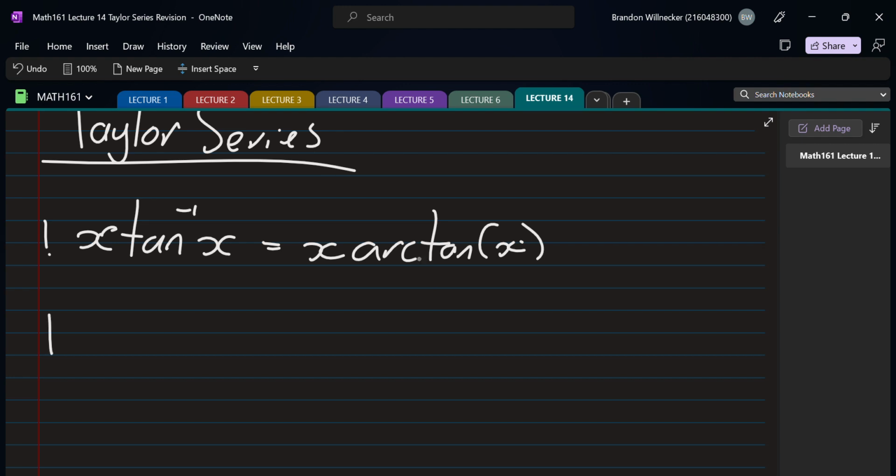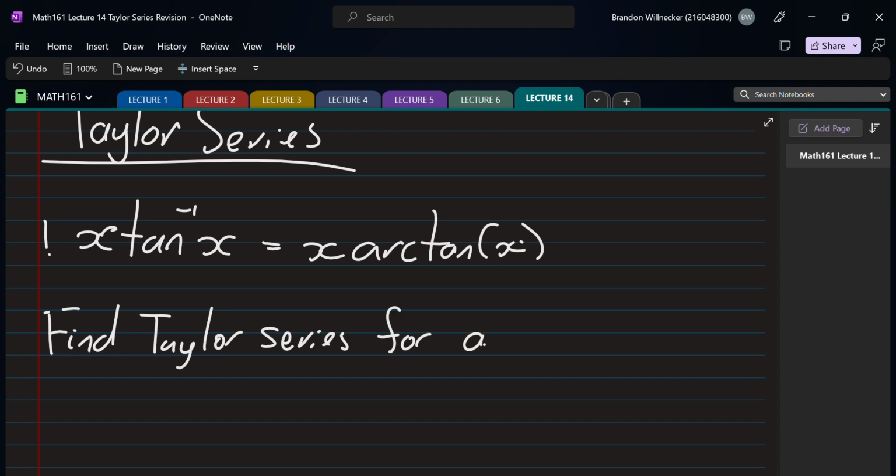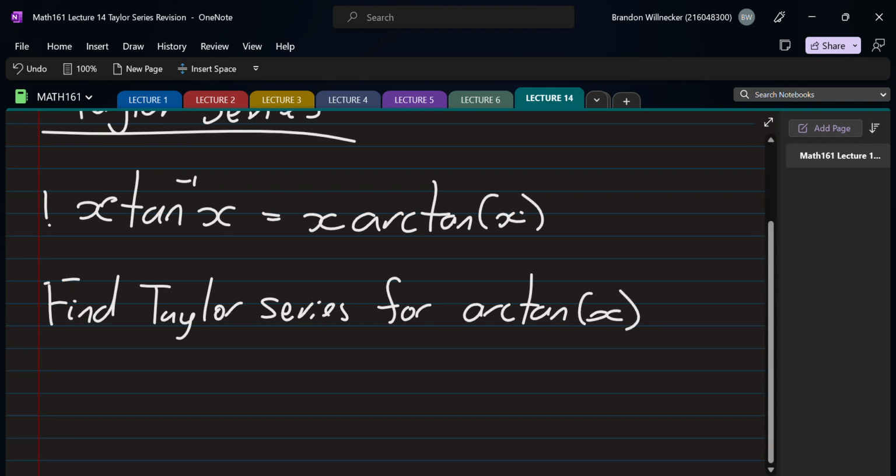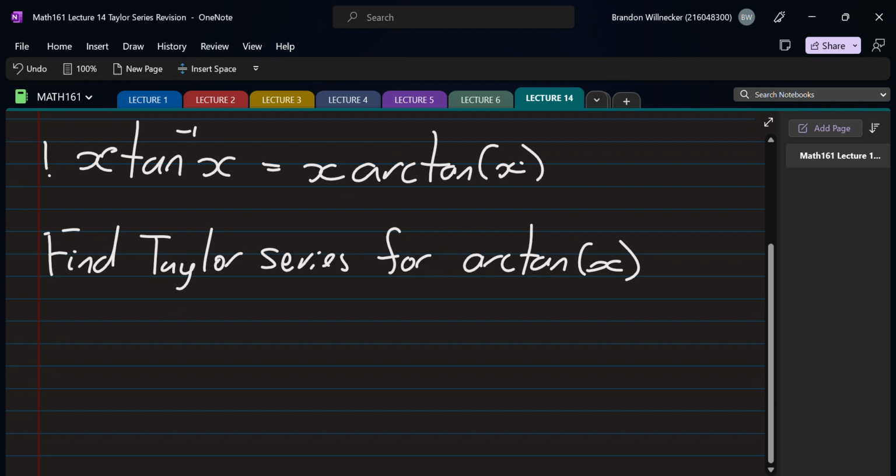Okay, so the first thing to do is find the Taylor series for arctan x. Okay, once we've got that, we can multiply the result by x. Now this one we have covered before, but I'll go through it again.